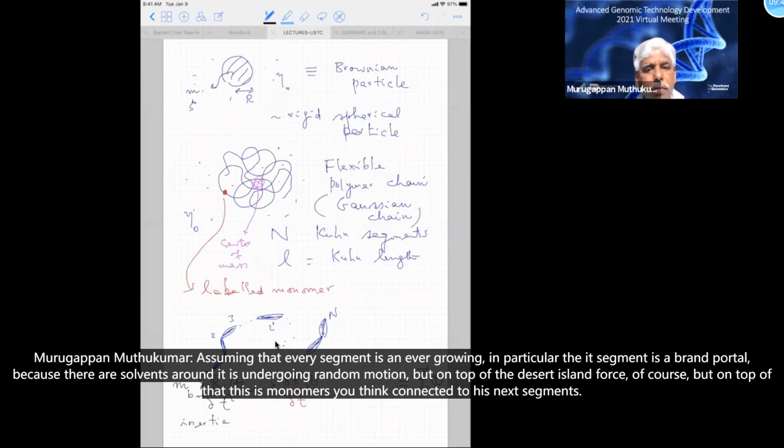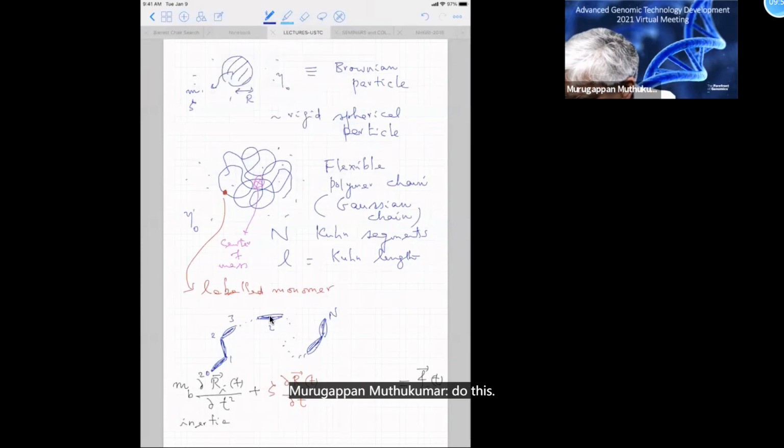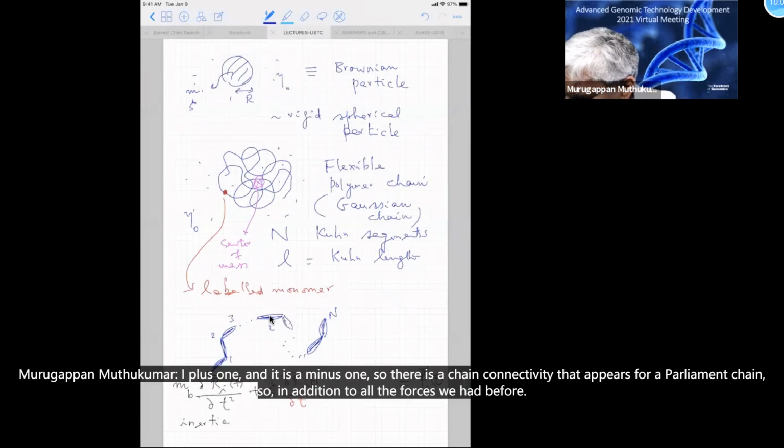But on top of that, this ith monomer is connected to its next segments. This is i plus 1, and this is i minus 1. So there is a chain connectivity that appears for a polymer chain.